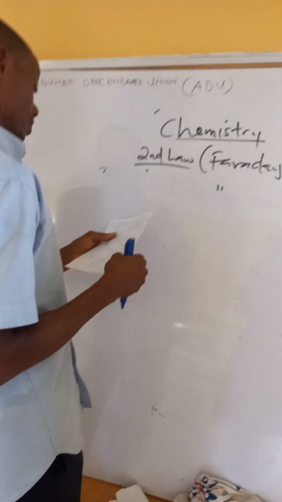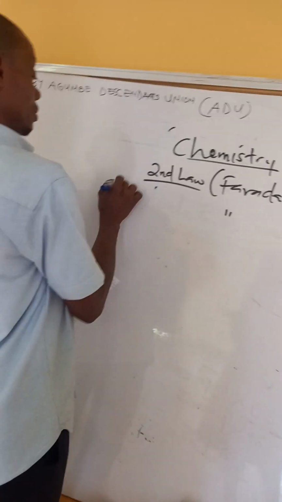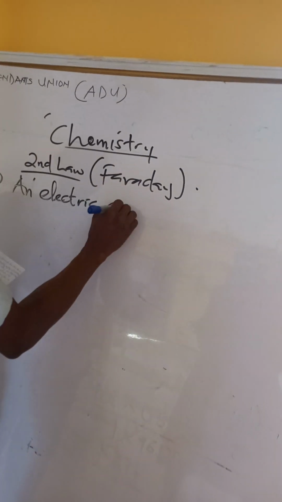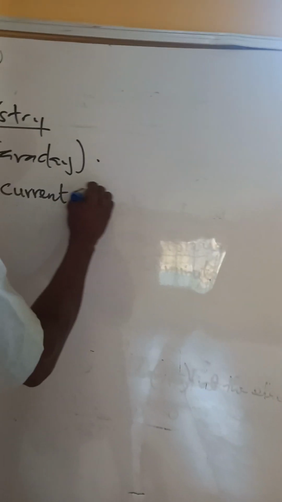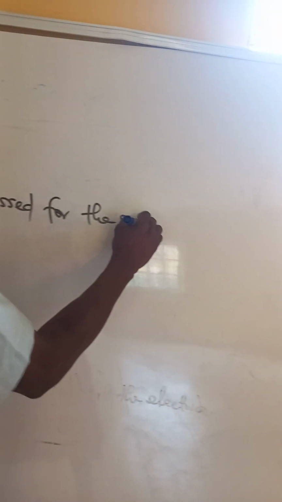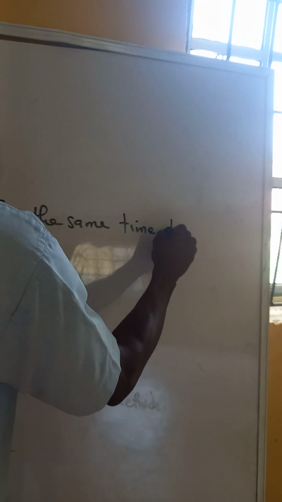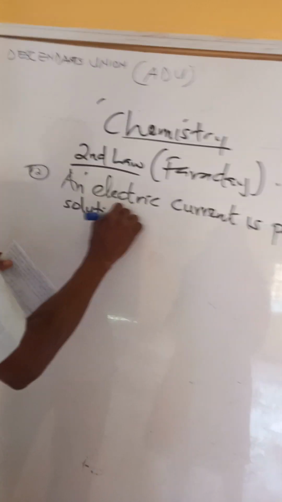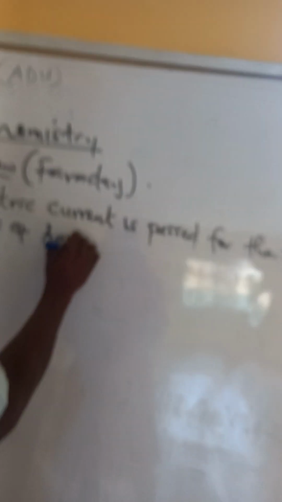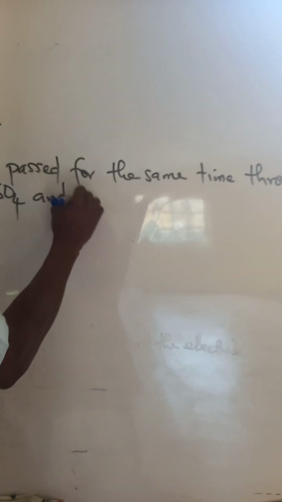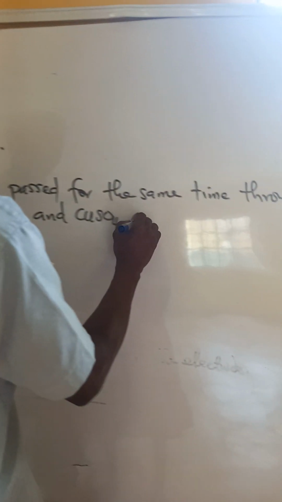Now, second question. Number 2. An electric current is passed for the same time through solutions of silver nitrate, H2SO4, sulfuric acid, and copper sulfate connected in series.